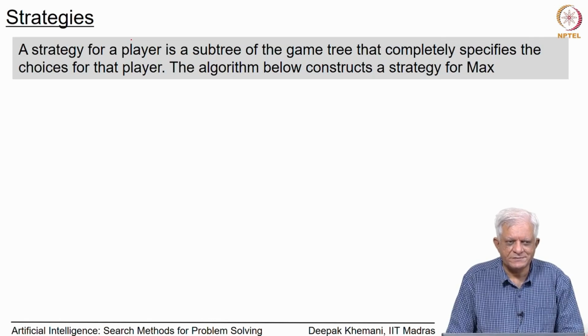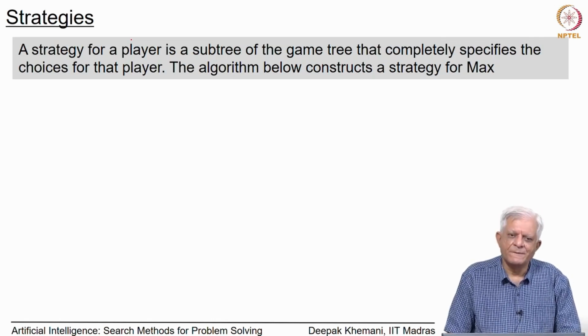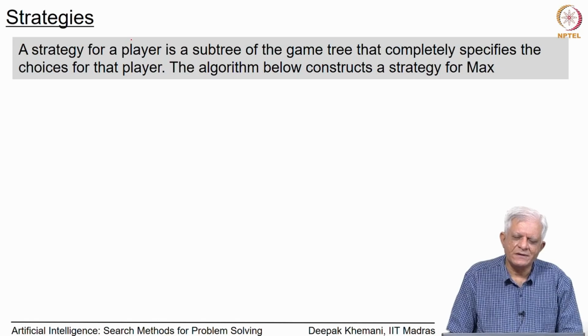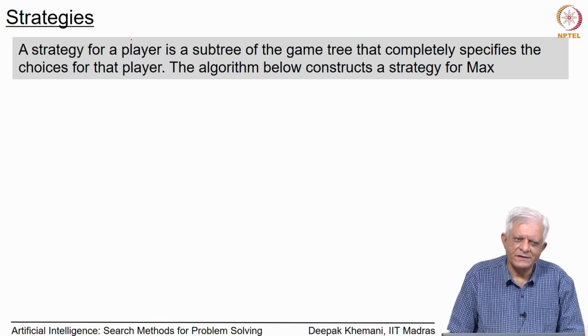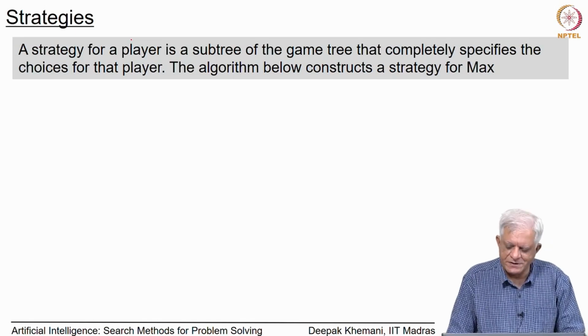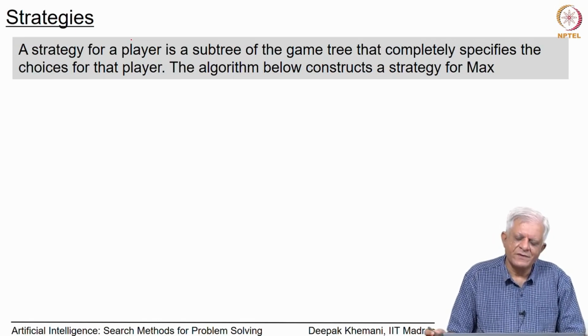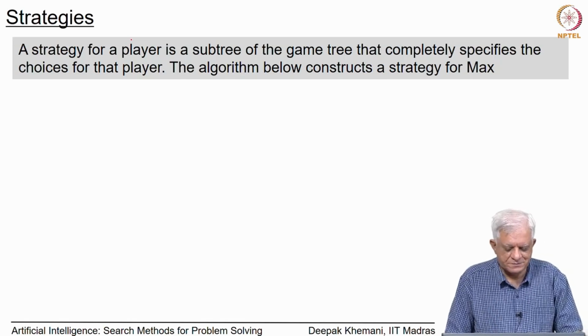But because you do not know what the opponent will do, you cannot decide for the opponent. So, you have to consider all possible choices for the opponent. So, this is how a strategy is constructed, and we are again going to look at it from the perspective of Max, because we imagine we are writing a program which will start playing the game.